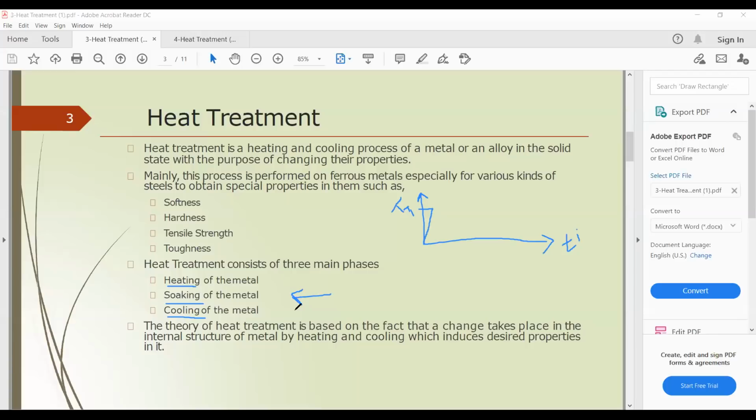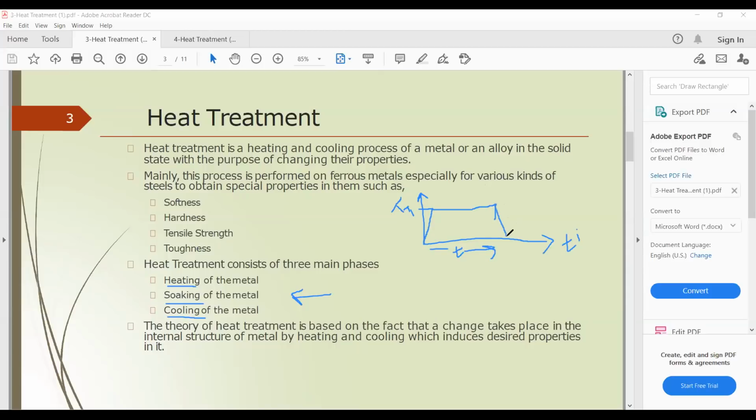Soaking of the metal means you are heating that metal for a particular time period. So temperature should be constant. It's a horizontal line. Then you are keeping this for a particular time period, right? Then cooling of the metal. That means the metal's temperature is T1. So you are cooling that metal.